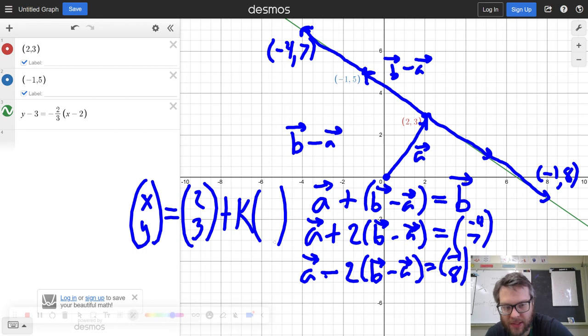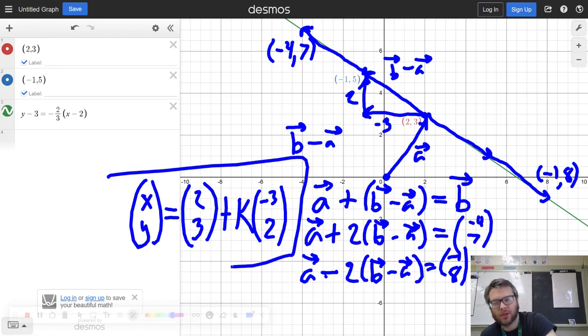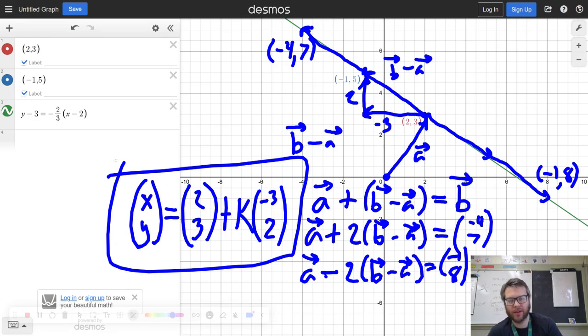And remember, b minus a was essentially looking at the slope. B minus a was negative 3 and 2, because we went 3 back, that's the negative 3, and 2 up. Okay, so that's how we get the equation of a vector line in 2 dimensions. And I hope you can see that if we do more multiples, or if we allow k to be a fraction, or if we allow k to be an irrational number, we can reach each and every point that is on that 2-dimensional line.